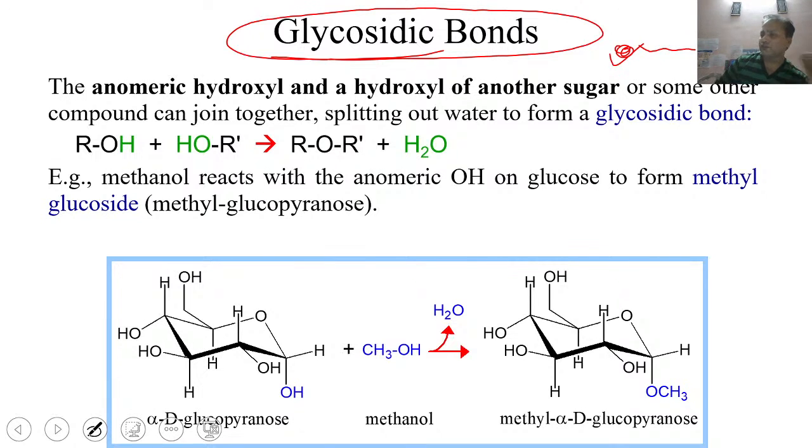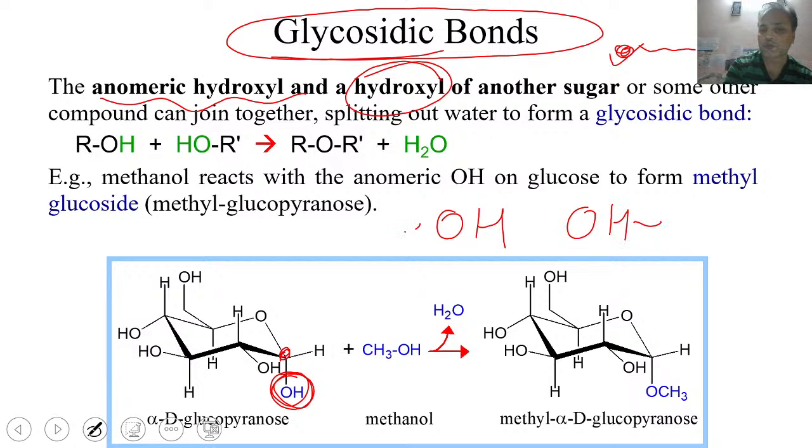It forms between the anomeric hydroxyl. Like this is the anomeric carbon, if you see here. This hydroxyl group on the anomeric carbon reacts with another hydroxyl group of another sugar. So both places we have a hydroxyl group, OH group, one from one sugar and one from another sugar. Both join together by the removal of water. So H, O and H will be removed.